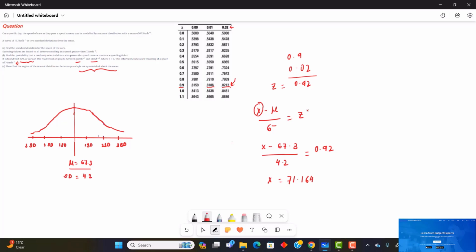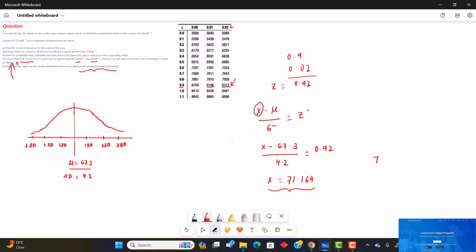So x over here is equal to 71.164. So had this distribution been symmetrical about the mean, the maximum value x can take should have been 71.164. However, you can see over here that this interval already consists of speed of 74 kilometers per hour.